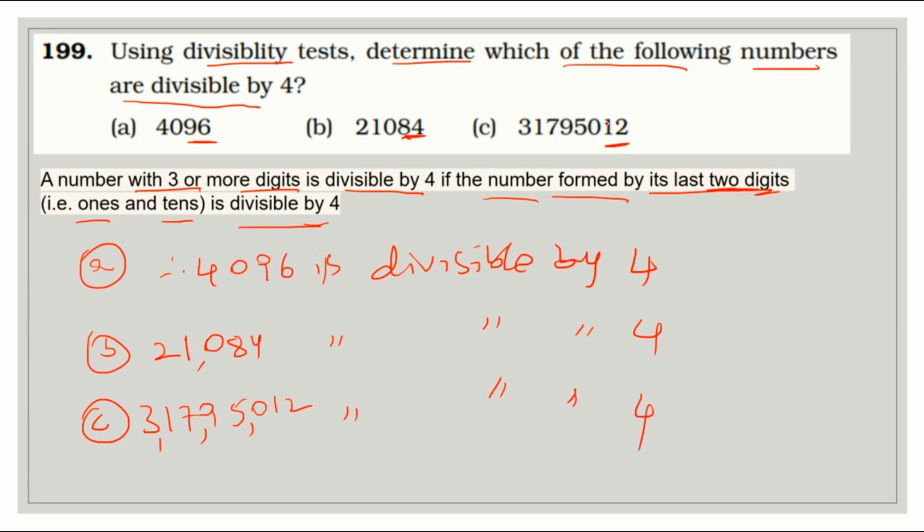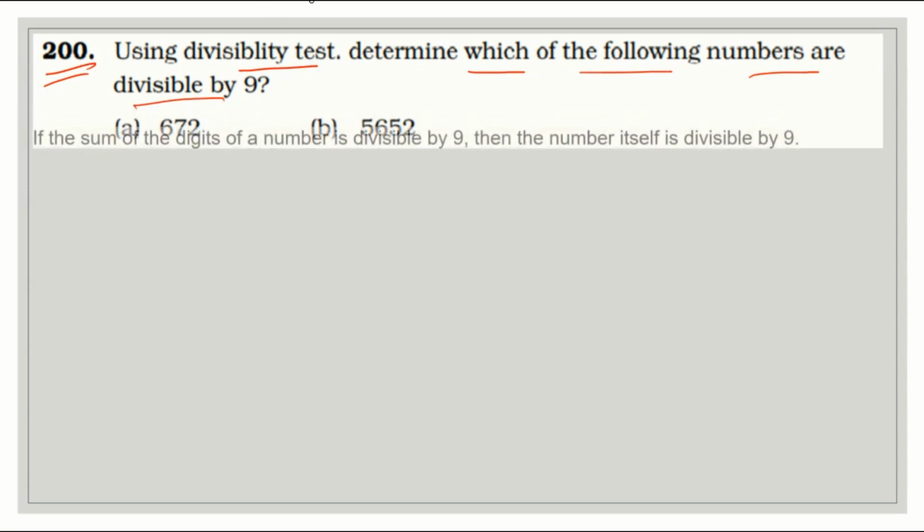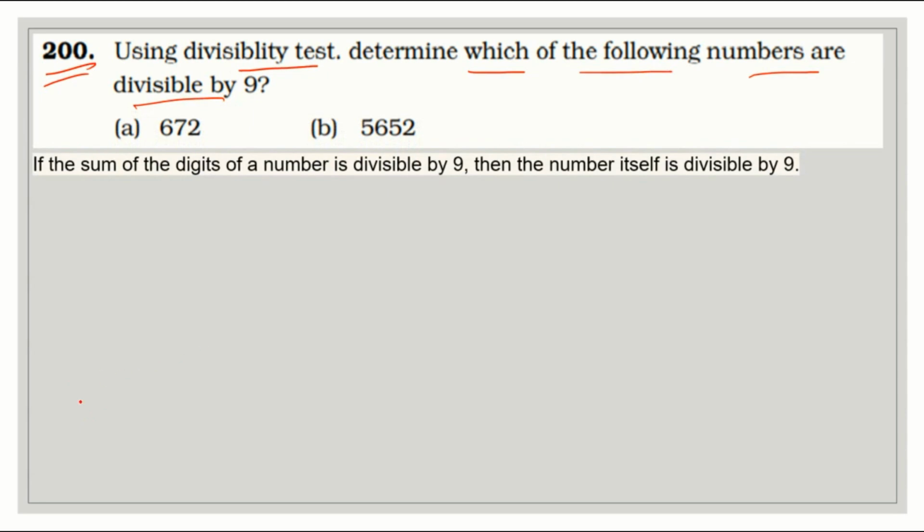Now coming to the last question, 200th question. Using divisibility test, determine which of the following numbers are divisible by 9. So what does the divisibility rule of 9 say? The divisibility rule of 9 says, if the sum of the digits of a number is divisible by 9, then the number itself is divisible by 9.